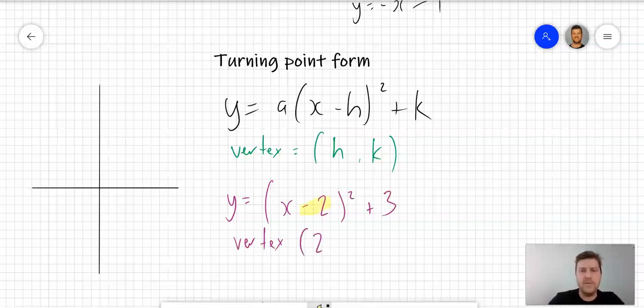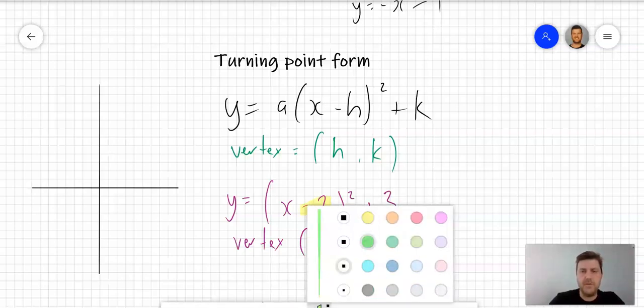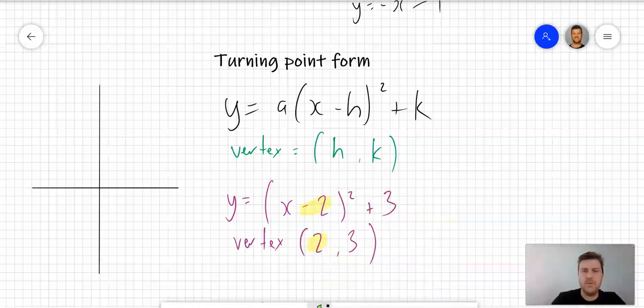See how that was negative 2, now it's become positive 2, and positive 3. So if I was to plot that turning point or vertex, it would be at (2, 3), which is right there.